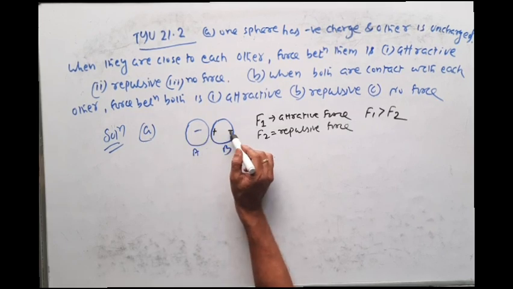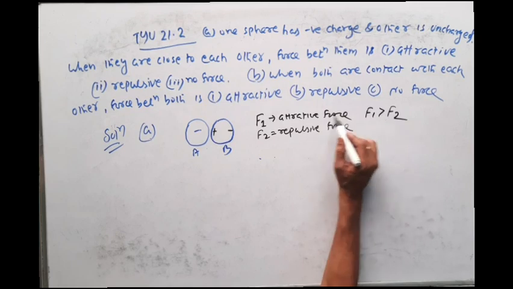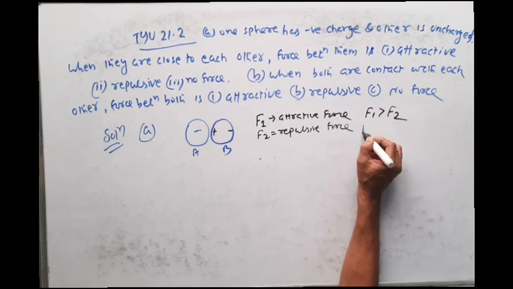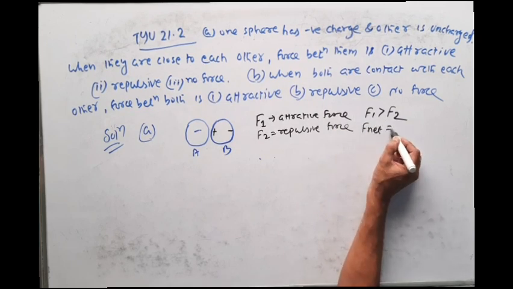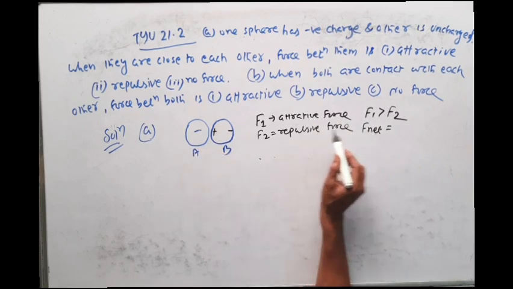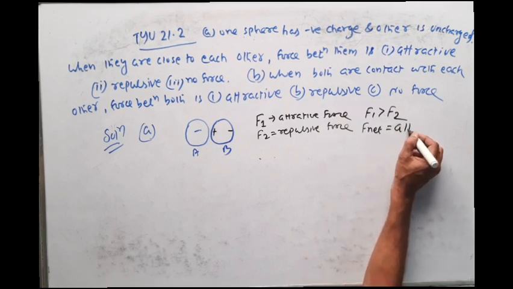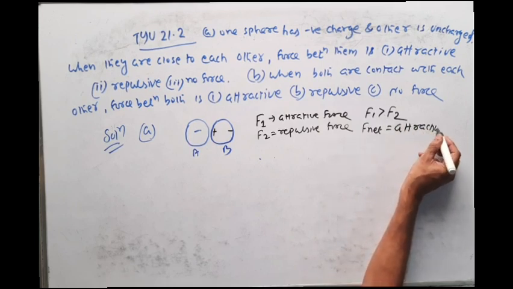If R increases, force decreases. So repulsive force is less than that of attractive force. So what is the net force between these two bodies? One is attracting, another is repelling. Attractive force is more than repulsive force, so net force will definitely be attractive.